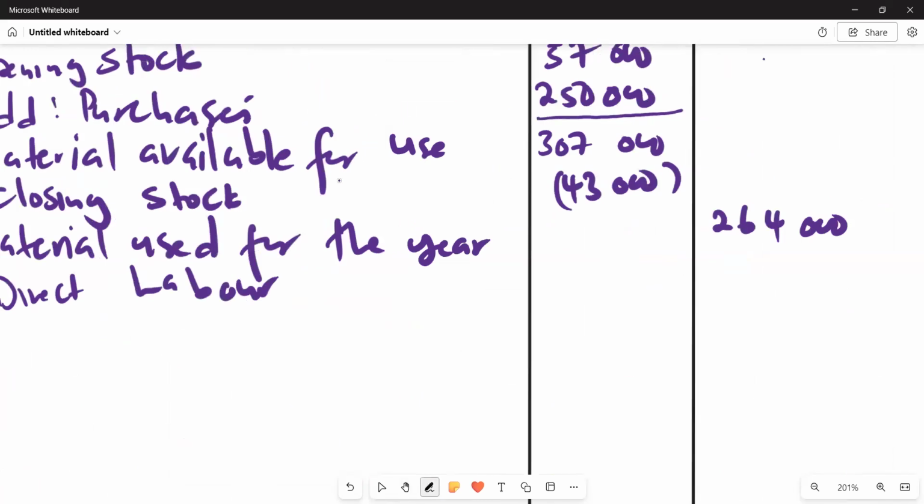If you add 70,000 to the 264,000, you are going to get 334,000, which is going to be your prime cost. Remember, direct materials plus direct labor gives your prime cost.